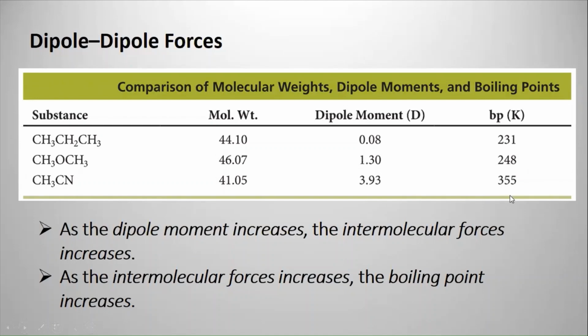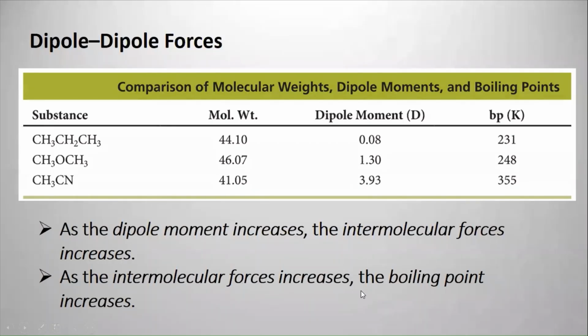So which of these is the weakest system? The first one. It boils at 231 Kelvin. Which one is the stronger system here? The last one, the acetonitrile, boils at 355. So the higher the boiling point, the stronger the intermolecular forces, the stronger the system. As the dipole moment increases, the intermolecular forces increase.